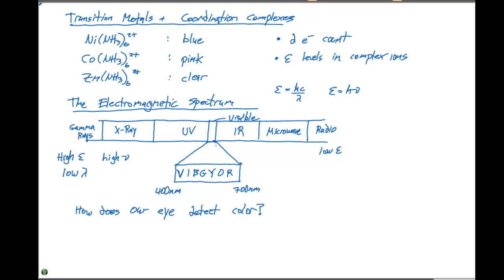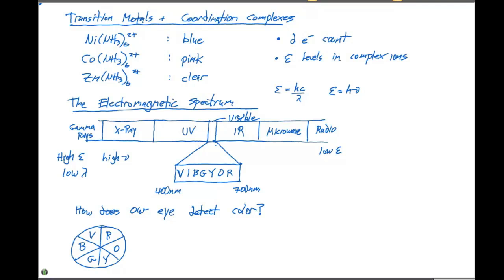Some of you may remember from art class, back in middle school, where they give us this little color wheel. I'm going to give a rough sketch of that color wheel, and we can put in letters for each of the colors that we're going to analyze. The question posed is, how does our eye detect color?